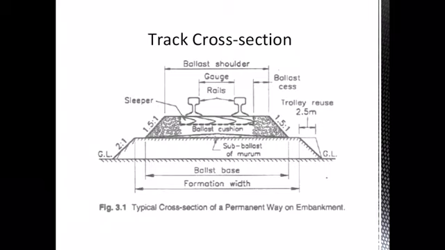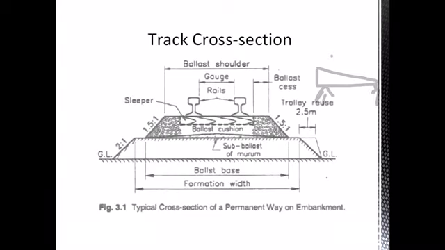When the track is on a level section, the heights of the two rails should be at the equal level. But when it is taken on a curve section, the outer rail is raised slightly with respect to the inner rail.